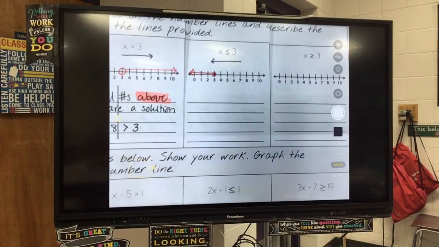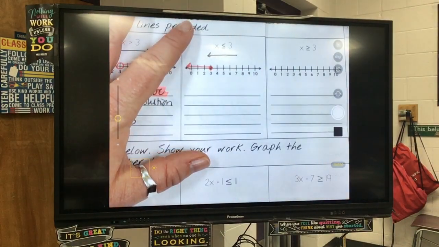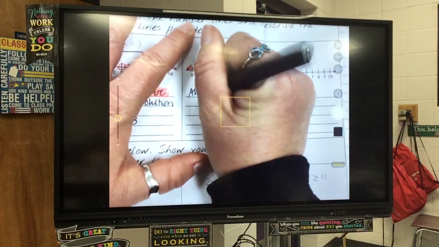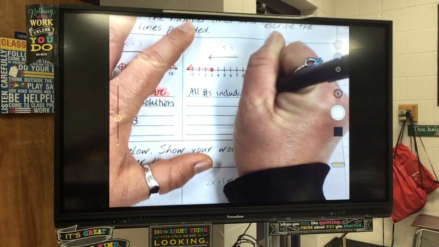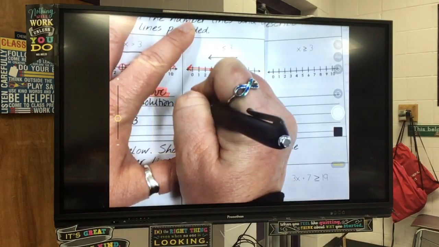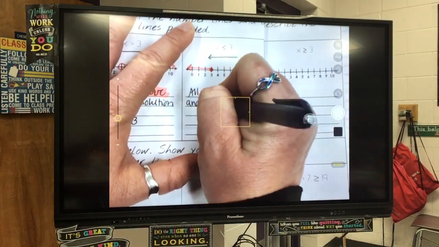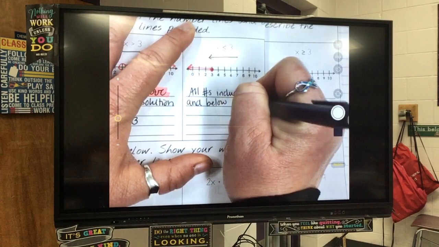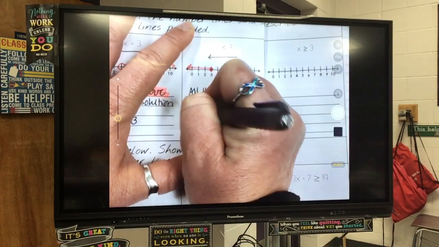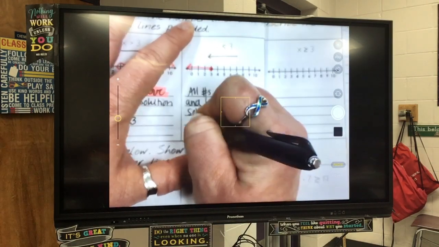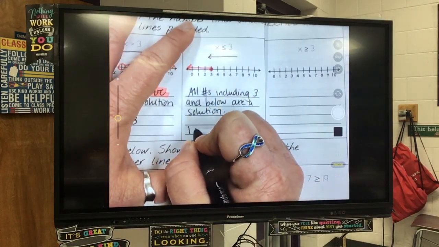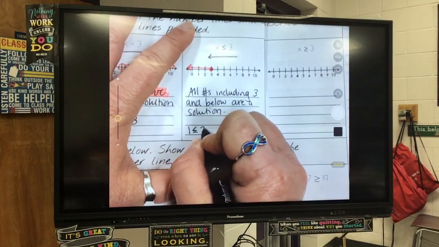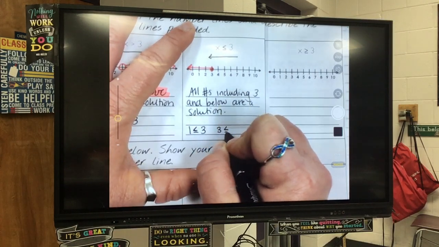Yes. So what this is saying is that all numbers, including 3 and below, are a solution. The example that Leah gave us was 1 is less than or equal to 3, and you can also do 3 is less than or equal to 3.